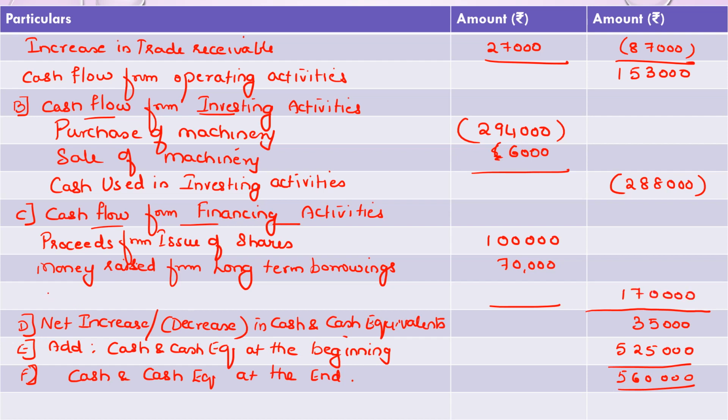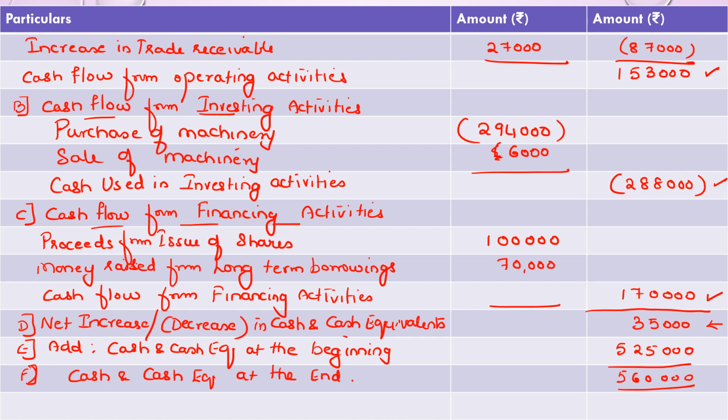So this is nothing but your cash generated from financing activity. Now all you have to do is total these three up. 1,53,000 plus 1,70,000 minus 2,88,000. If you take the total of these three, it would come to 35,000. So that shows you that your cash flow statement is absolutely correct.